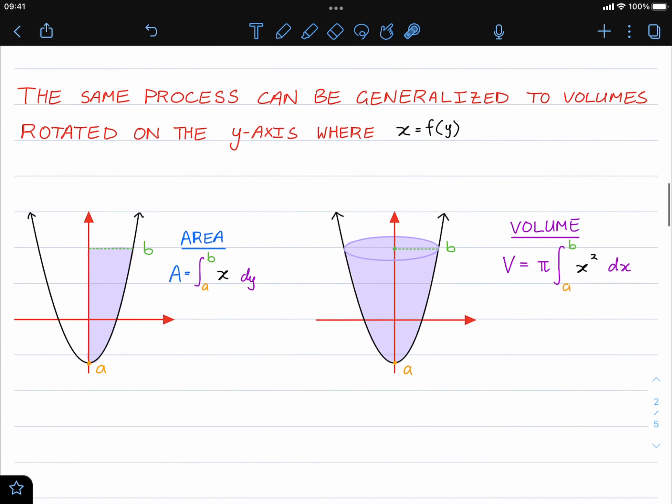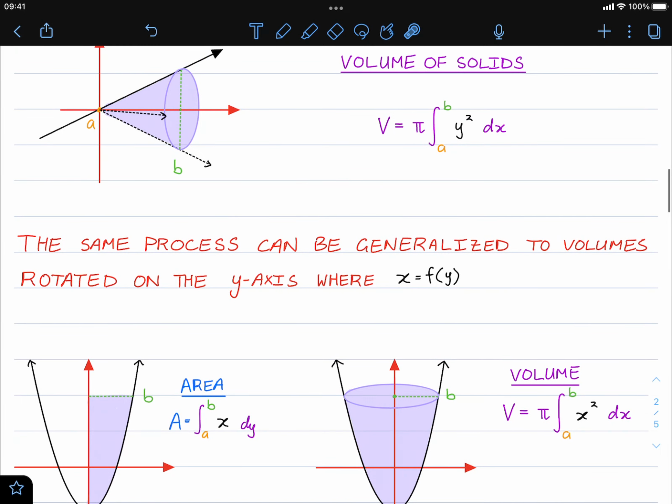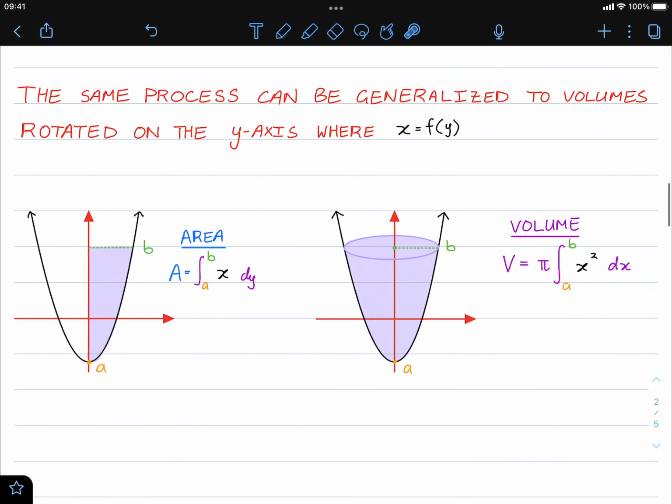And this same process can be generalized to volumes rotated around the y-axis, where instead of y equal to some function of x, in this case we have x equals some function of y. So here we have the area against the y-axis. And when we rotate this around the y-axis like this, we get this solid here. Notice how it's very similar, except we have x squared.